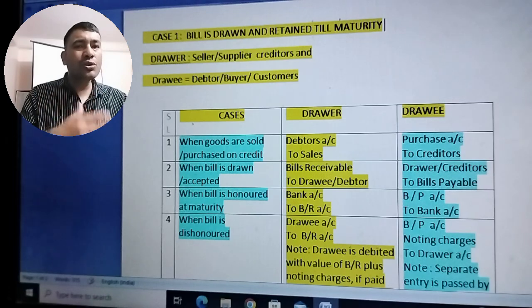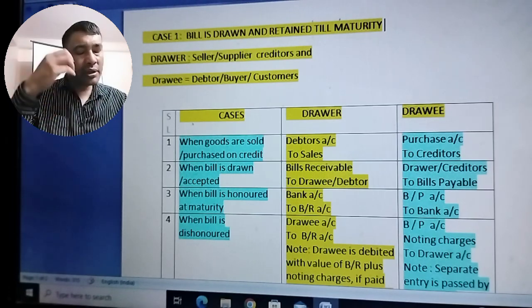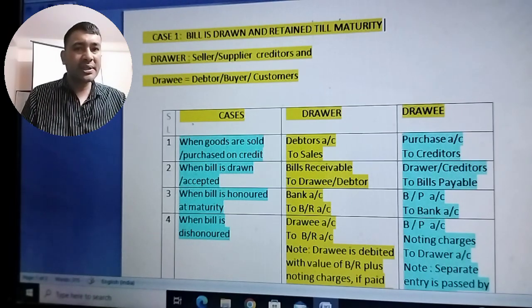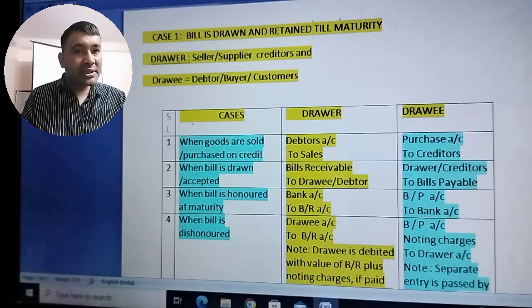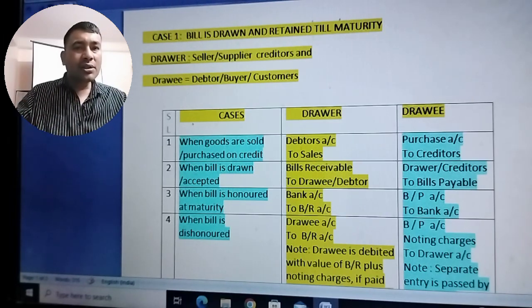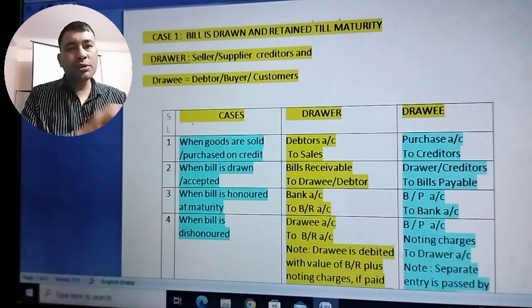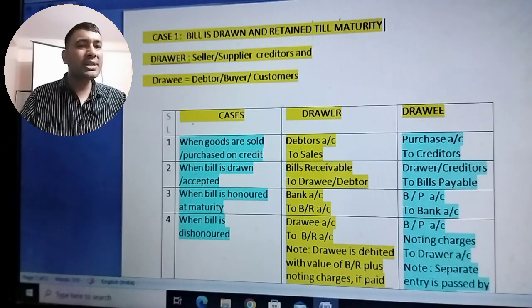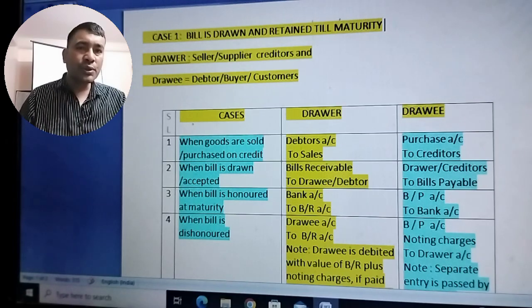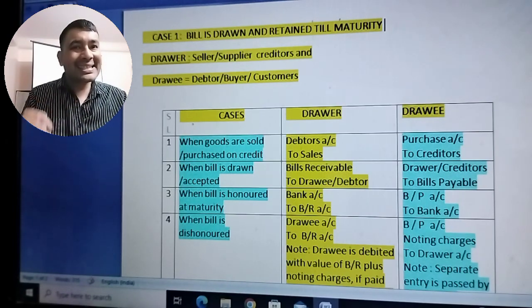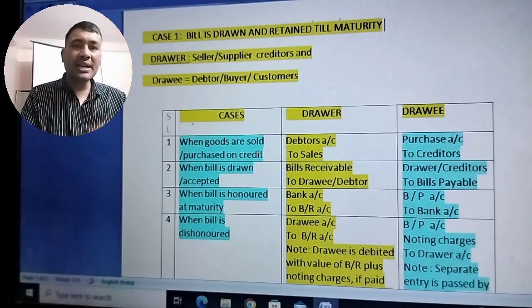When the drawer pays the noting charges, he incurs some expenses, but those expenses are due to the negligence of the drawee. So ultimately, the drawer will recover the amount from the drawee. Though initially the drawer will pay the noting charges to the notary, afterwards he will recover them from the drawee. But he will not pass any separate entry for noting charges.